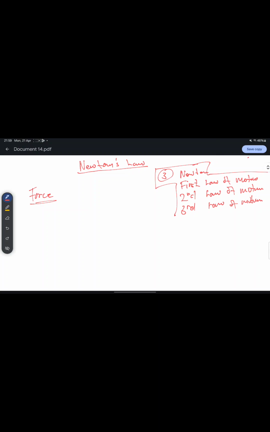One may say it is pushing, twisting, or pulling of an object. That is a force. Alright. So I don't think they will ask you that. Pushing, pulling, or twisting of an object.